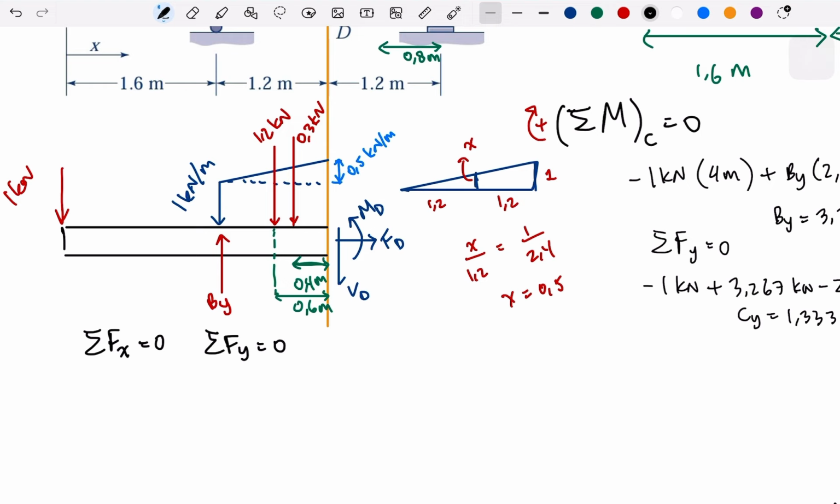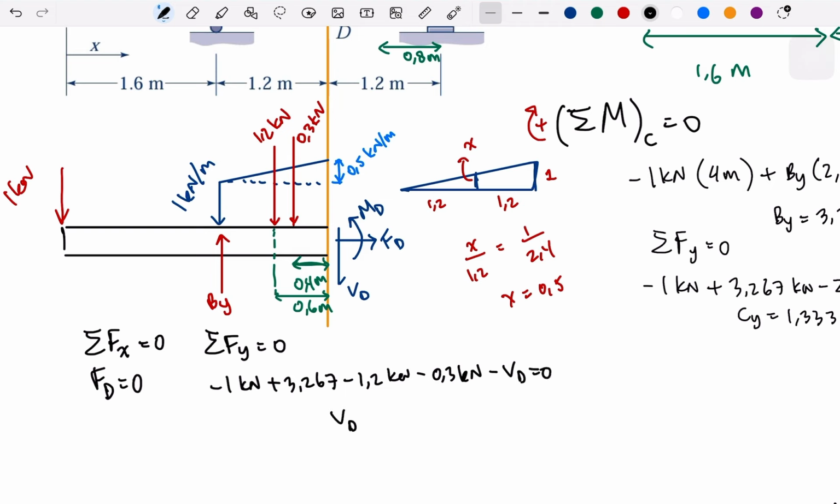I think we could do the horizontal first, because there is only one force, FD, and there are no other forces, so the normal force is 0. And for the vertical force, since we got By before, we write -1 kilonewton plus 3.267, minus 1.2 kilonewton, minus 0.3 kilonewton, and then minus Vd.